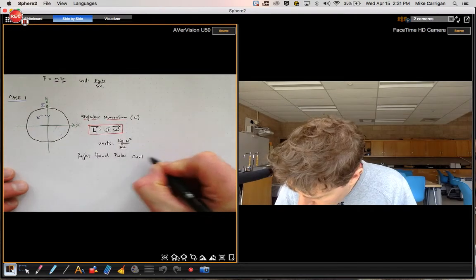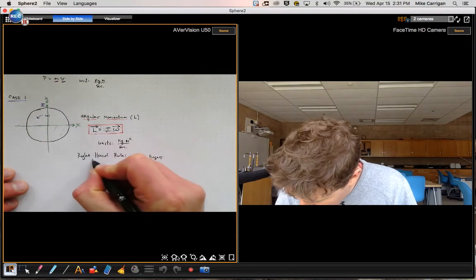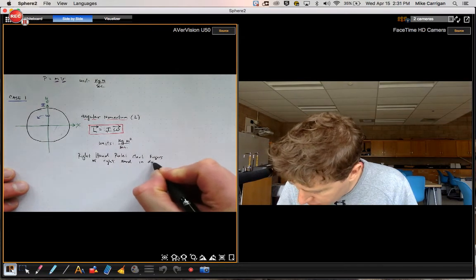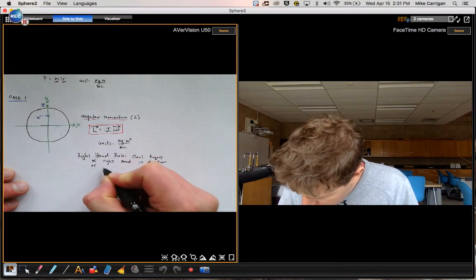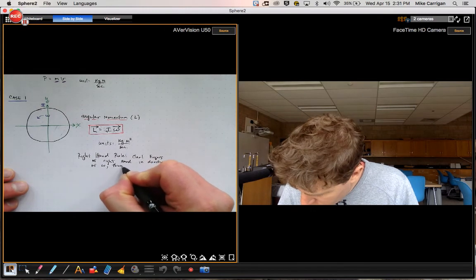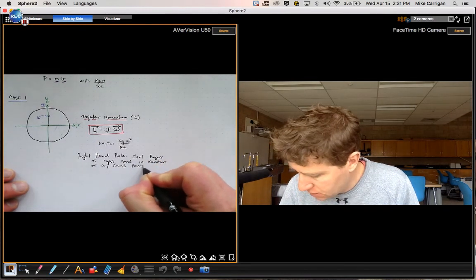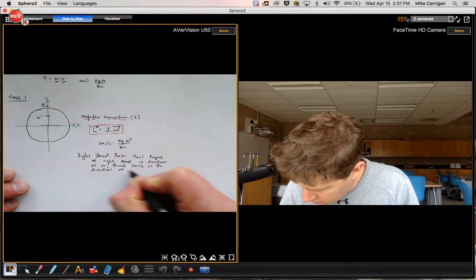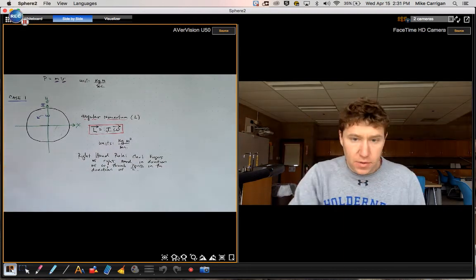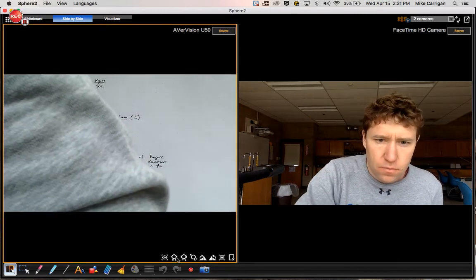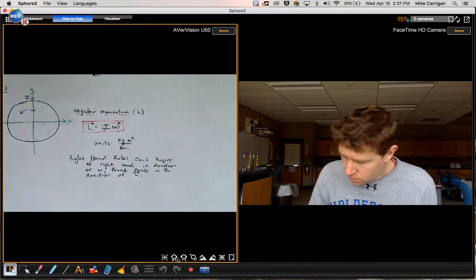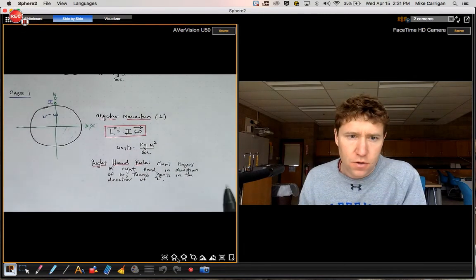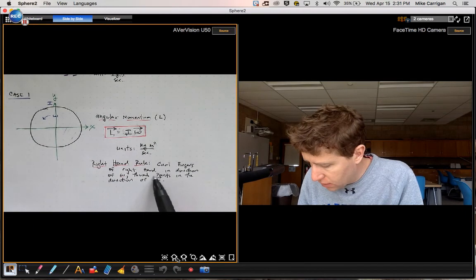Curl the fingers of your right hand in the direction of omega, and your thumb points in the direction of the L vector.